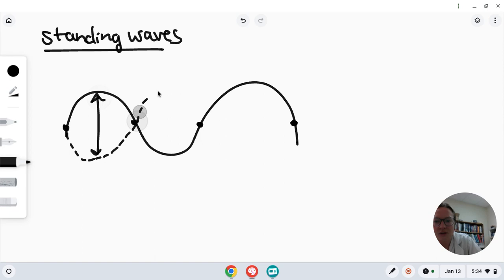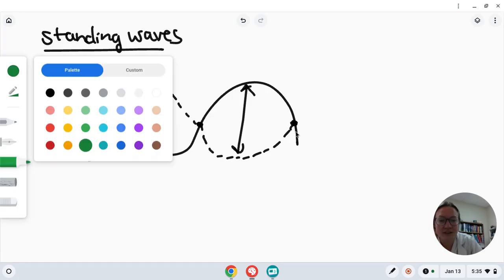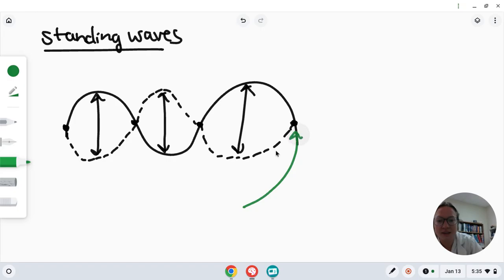This loop goes up and down between these two points. The places where the standing wave is not moving at all are the result of complete destructive interference at these points.